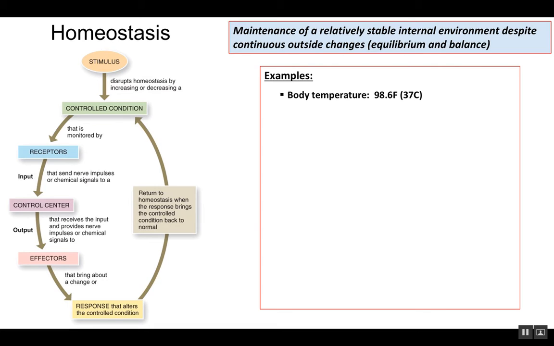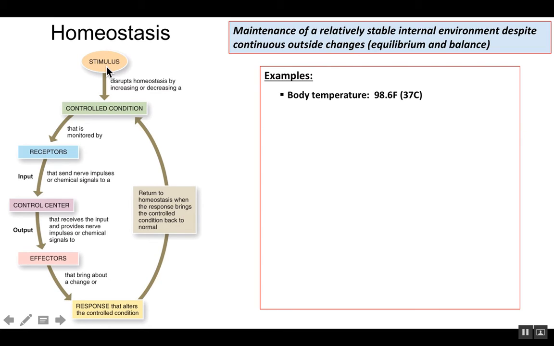So if you look at this, there's really 5 components of homeostasis. There's a stimulus, there's a receptor, there's a control center, there's an effector or effectors, and then there's a response. And if you think about what the response should be, it usually, not always, but usually is opposite the stimulus.